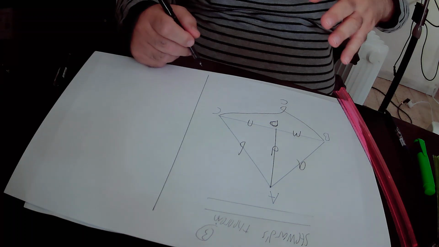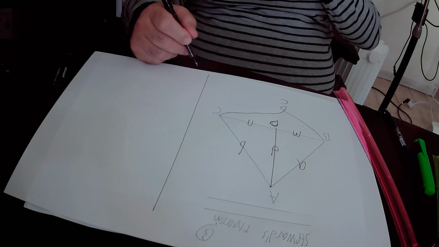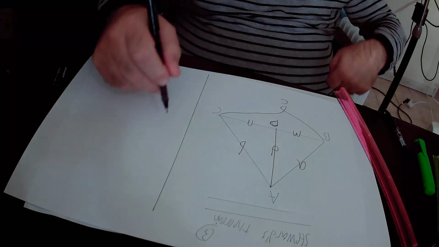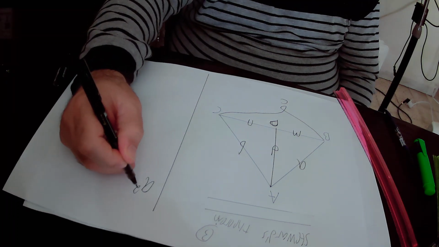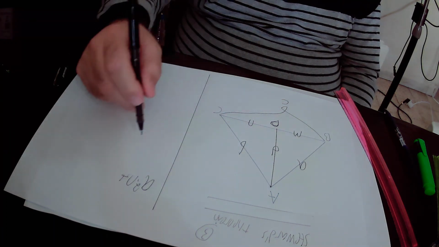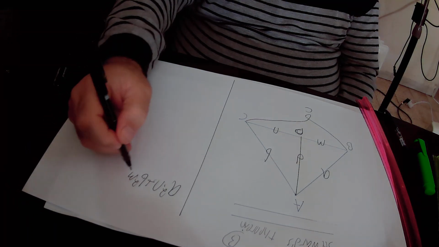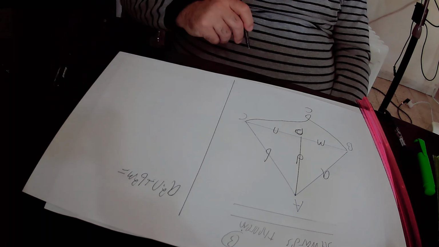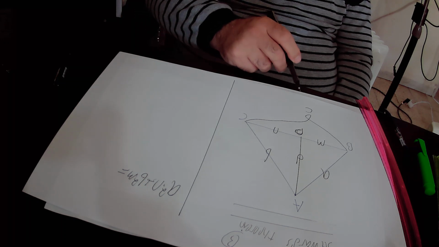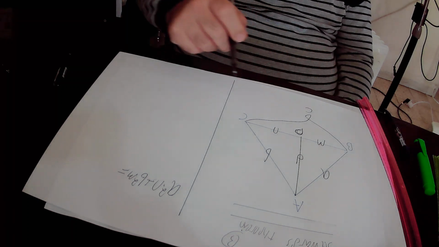According to Stewart's theorem, the following equation is true. A squared times N, plus B squared times M, equals, on the other side of the equation, we have C, the length of side BC.